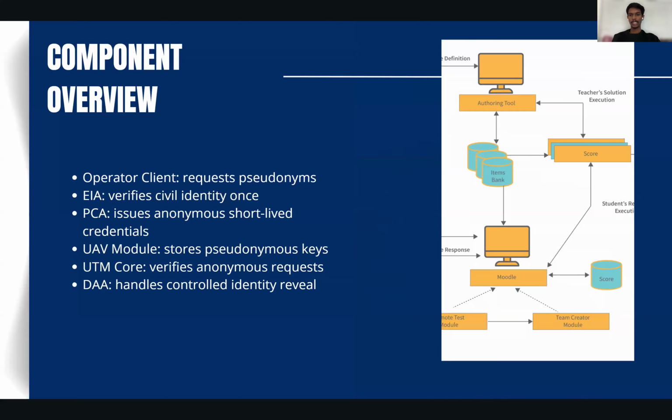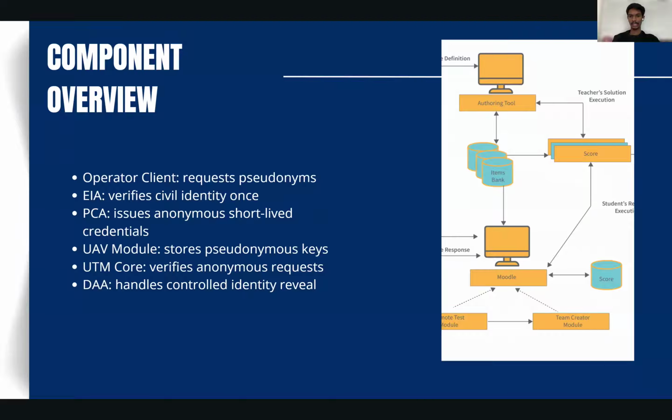So here we break down the main components of our architecture. The operator client requests pseudonyms and interacts with the system. The EIA handles one-time civil identity verification. The PCA generates the short-lived anonymous credentials. The UAV module securely stores those credentials and uses them for signing. The UTM core validates requests using pseudonym-based authorization.